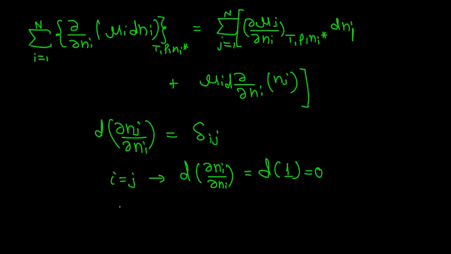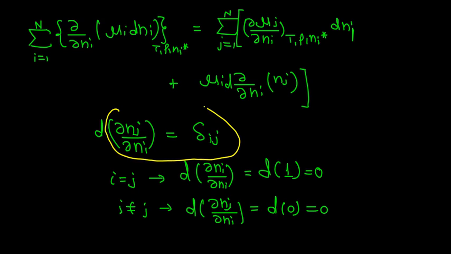Okay, and when I is not equal to j, d of del nj by del ni is d of 0, because I and j do not depend upon each other, and therefore it will be 0. So let me make a correction here. This particular term is the Kronecker delta, and therefore I have this as d of the Kronecker delta function.